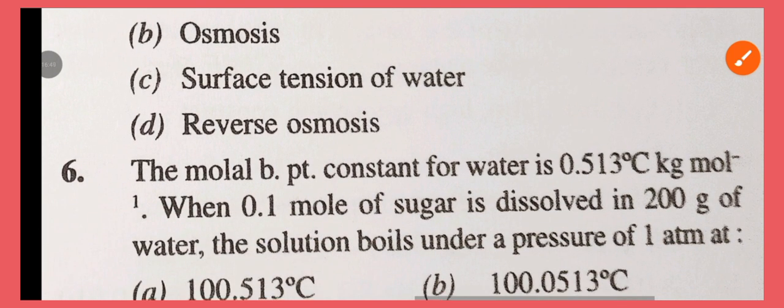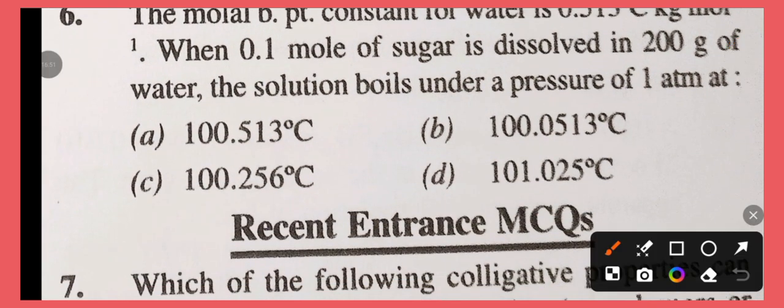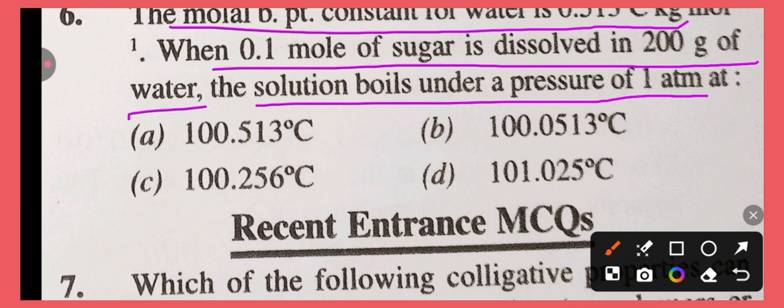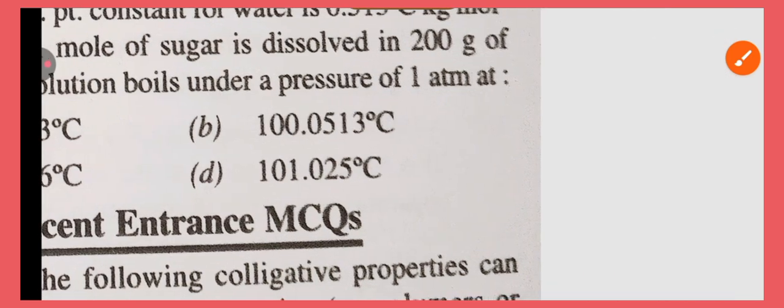Then move to another question. In question number 6, let's read the question. The molar boiling point constant of water is 0.513 degrees Celsius kg mole inverse. When 0.1 mole of sugar is dissolved in 200 gram of water, the solution boils under pressure of 1 atm, that is atmospheric pressure. Here we need to understand what is given to us.